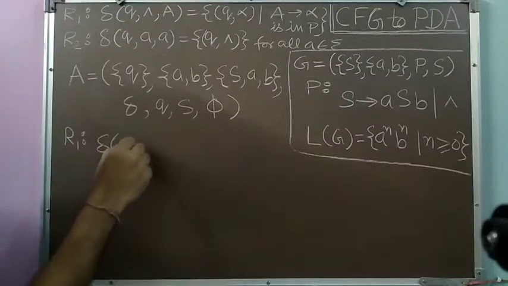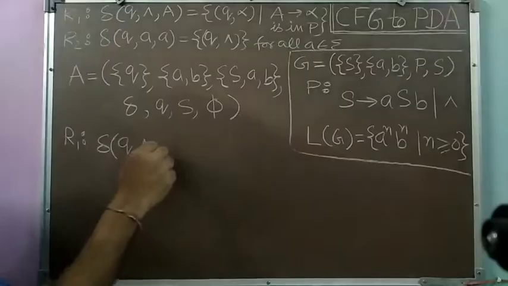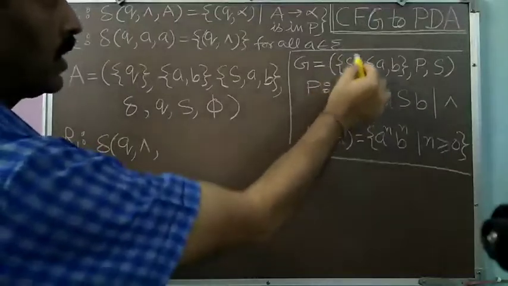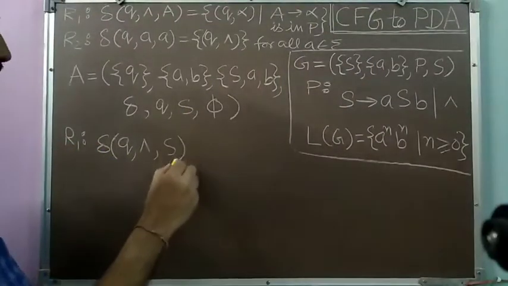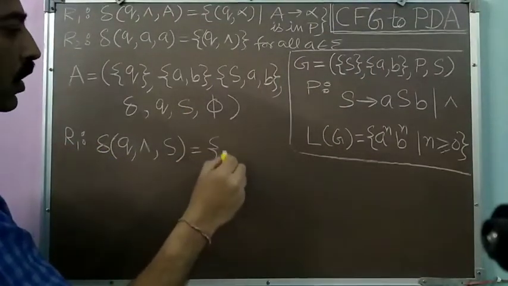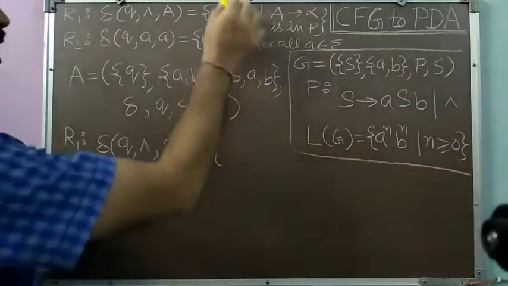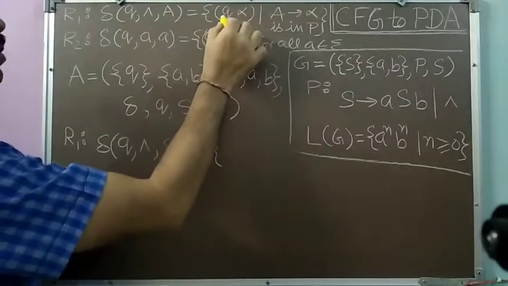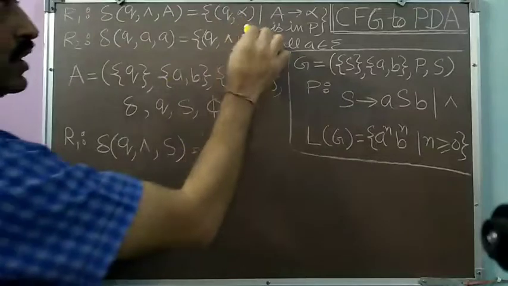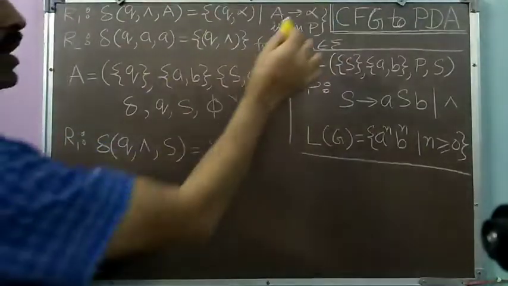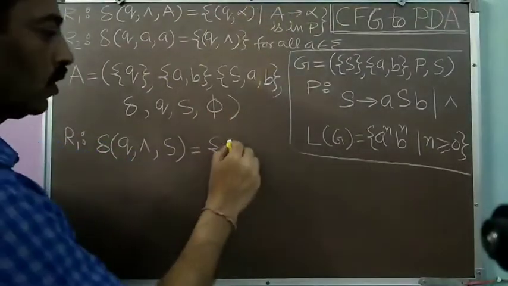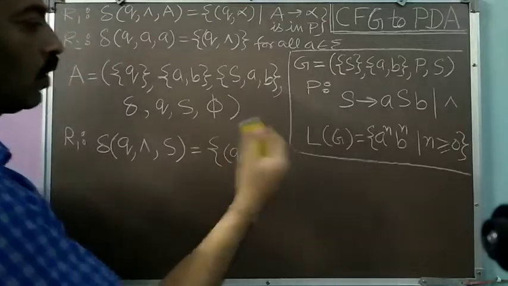We will find delta(Q, null, S), as there is only one variable, that is S. And what do we have to include on the right hand side? On the right hand side, we have to include the pairs of the form (Q, alpha), such that A to alpha is a production. Obviously Q will come here. Now I have to write alpha.